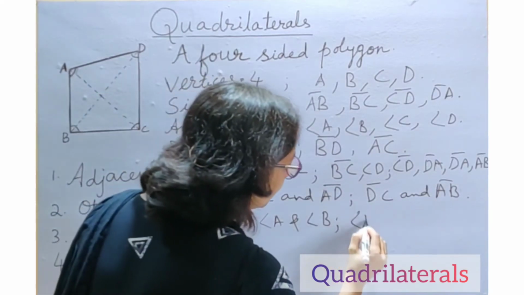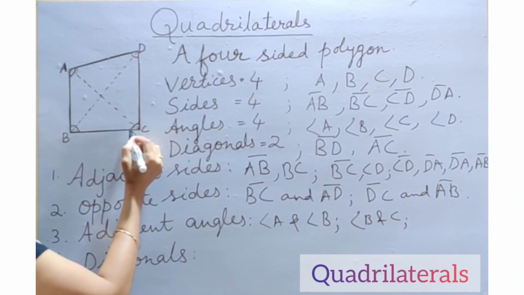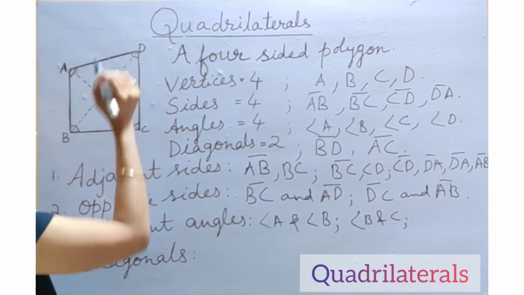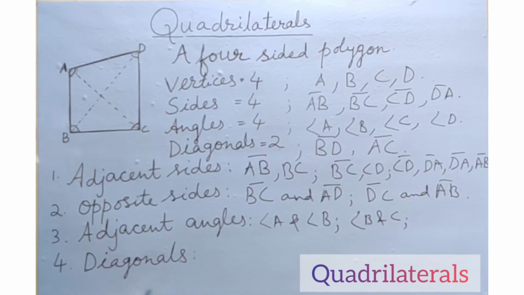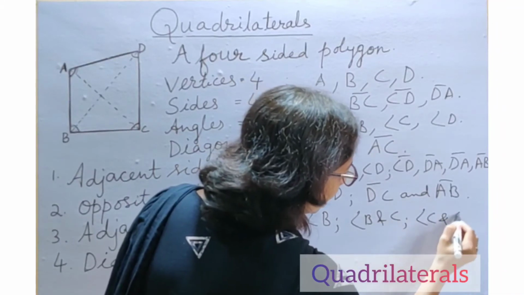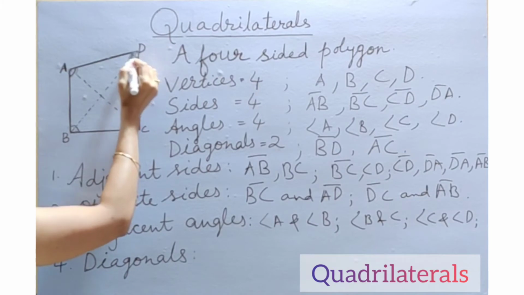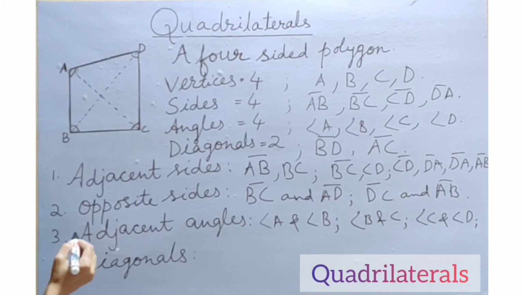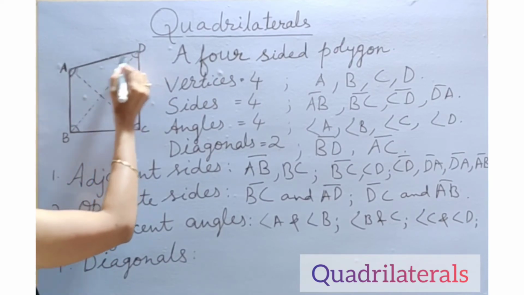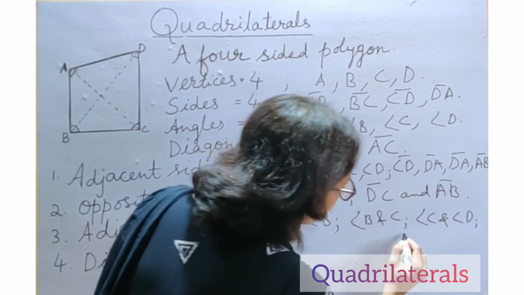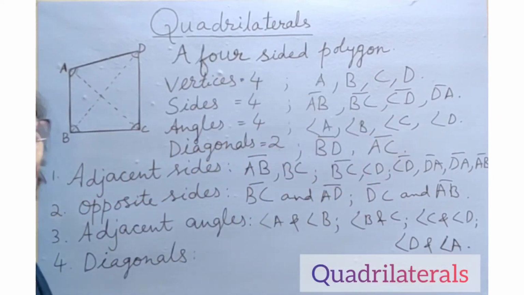Next, similarly, angle C and angle D are also adjacent angles because they have a common side CD. In the same way, angle D and angle A are also adjacent angles because they have a common side between them, AD or DA.